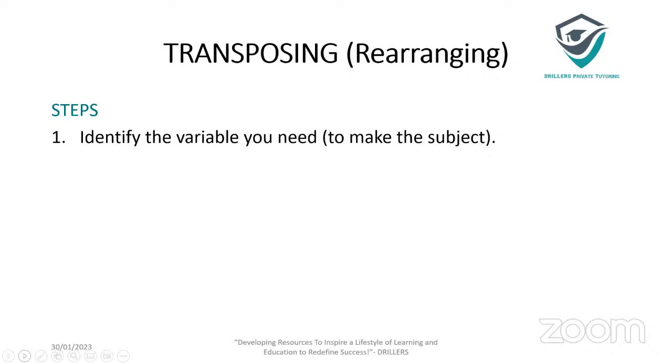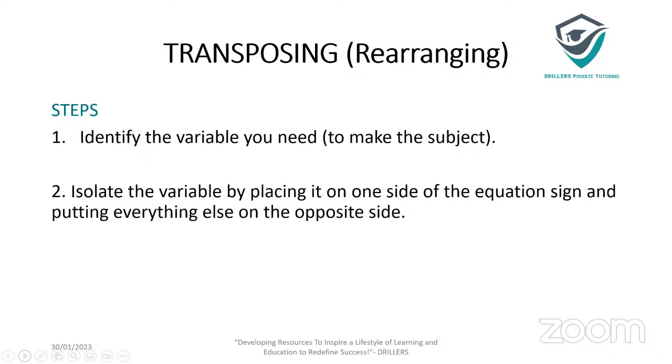So identify that variable that you want to make the subject of your equation or the subject of your formula. Sometimes they might give you a formula to transpose, because remember, a formula is an equation. Or they might just give you a regular equation.